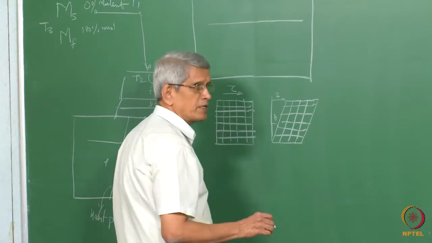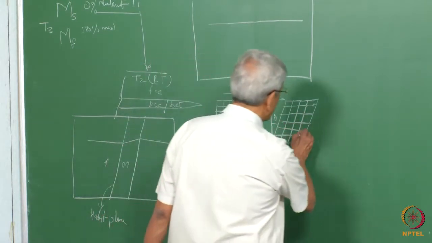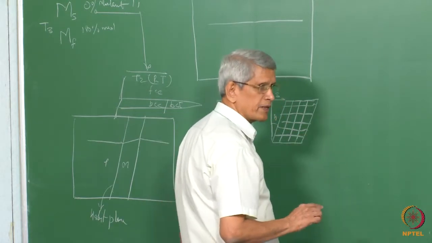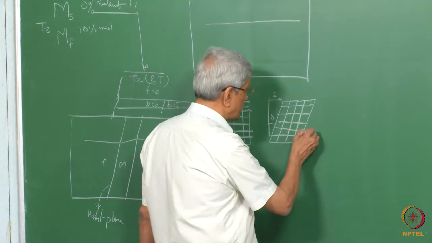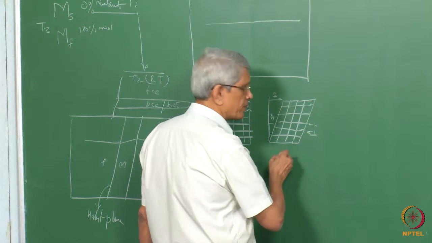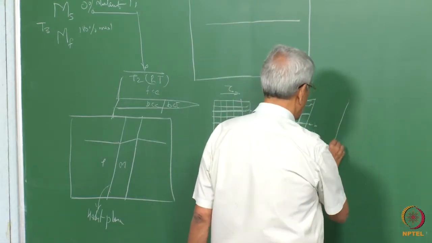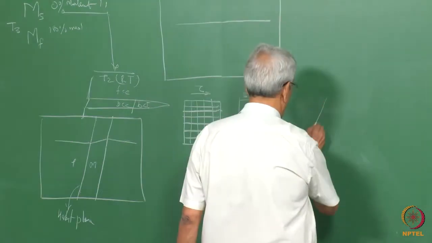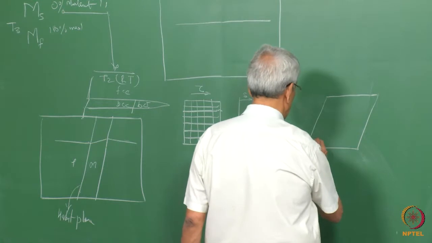Once this transformation has taken place, a lot of shape change has occurred. If we introduce in this lattice some slip, slip by movement of dislocations in this direction, that can change the lattice structure. This is the shape which was originally there.